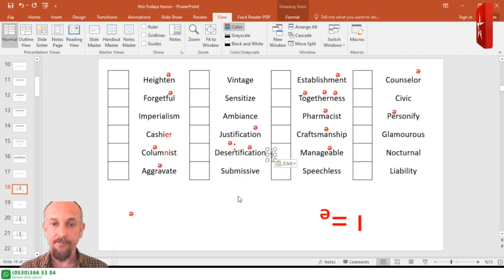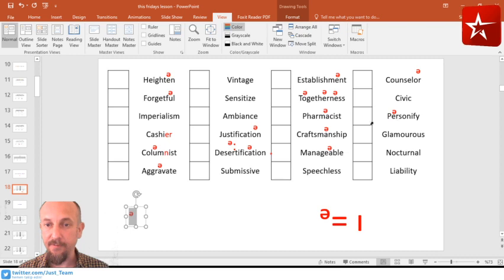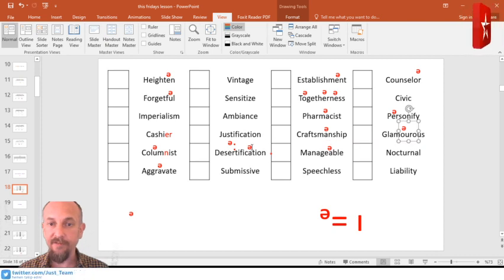Okay, I'm just going to use these ones here. I'll recycle them, be easier, save time. So glamorous actually has two. We have glam, and then we have rus. Glamorous.